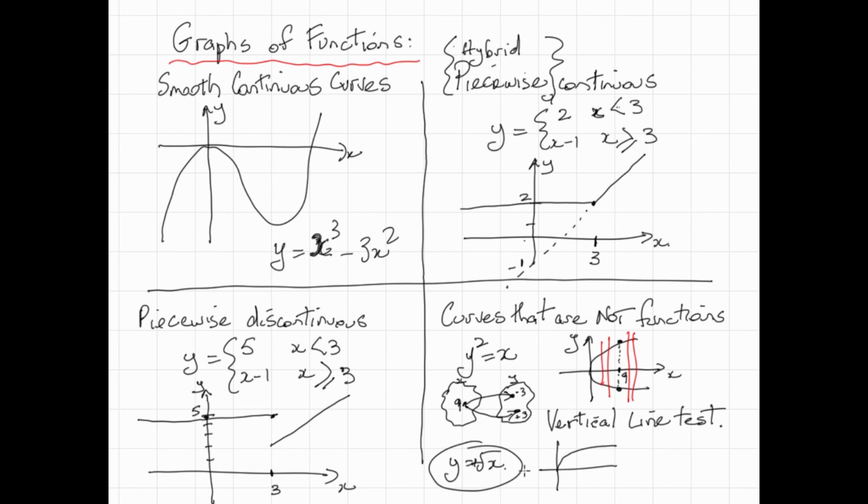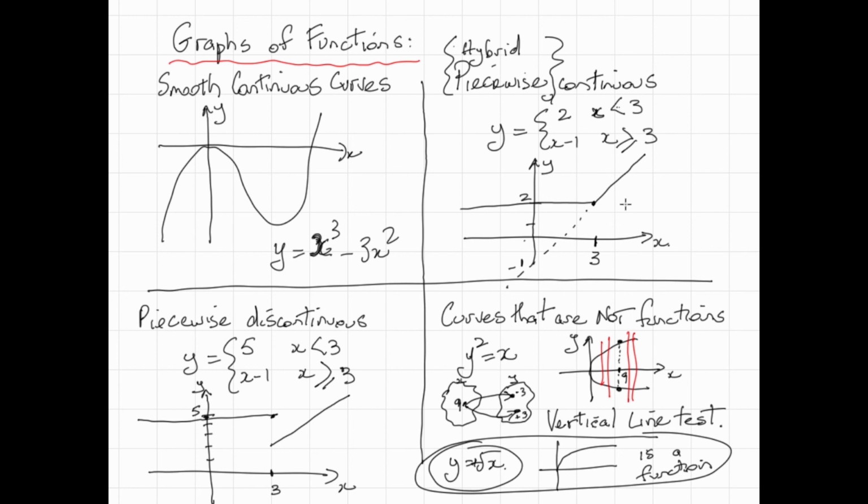So y equals plus the square root of x is simply the top part of that graph. Now, I can draw an infinite number of vertical lines here and it'll never cut the graph more than in one spot. So that is a function. So that's a little bit aside of this up here. So don't get confused between those two there.